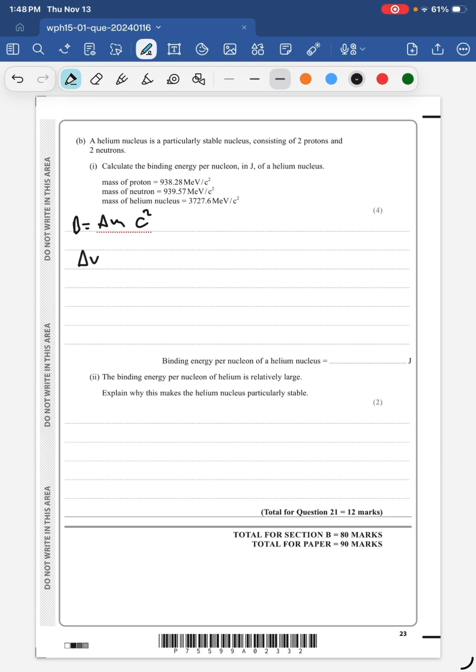The mass excess is the difference in mass between the constituents of the nucleus, which for helium-4 it's 2 protons and 2 neutrons, minus the mass of the nucleus itself. So 2 mass of protons plus 2 mass of neutrons minus the mass of helium-4. Okay, this gives you 28.1 MeV over c squared.